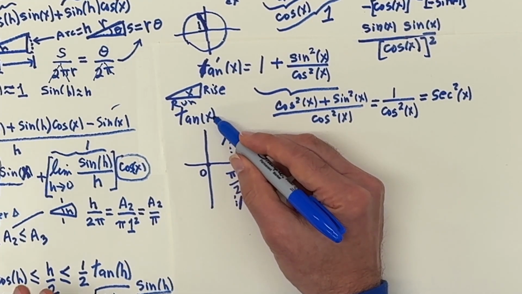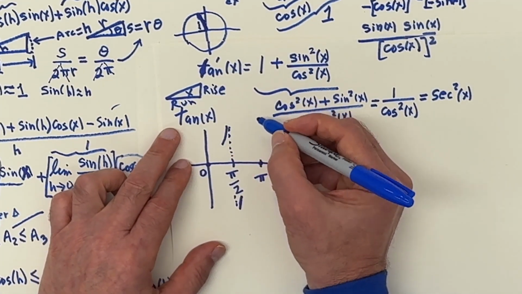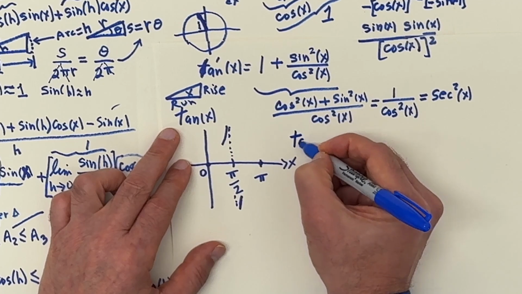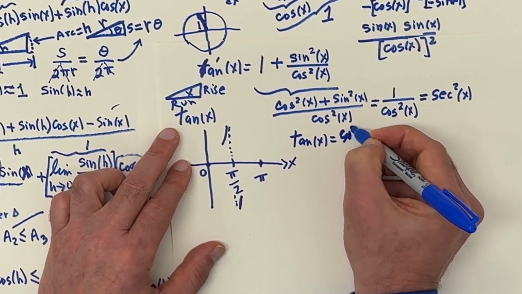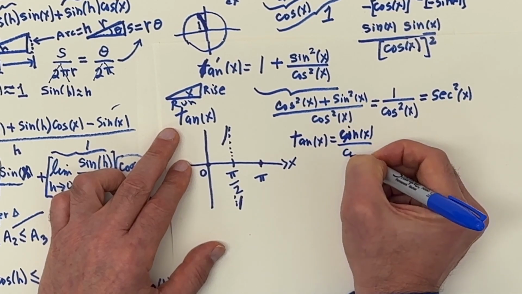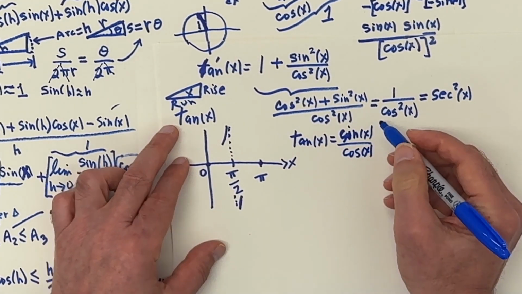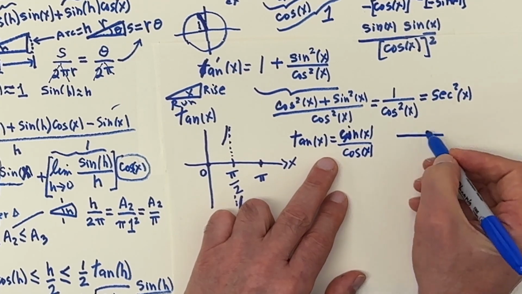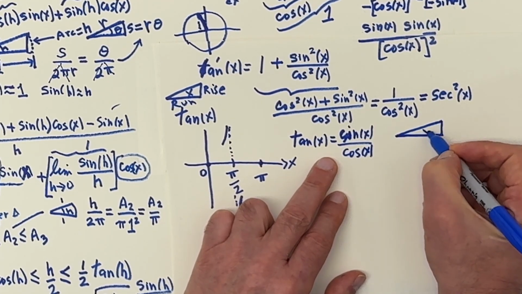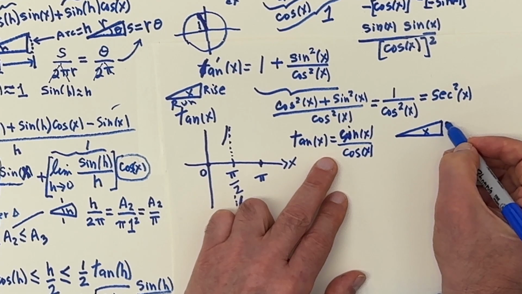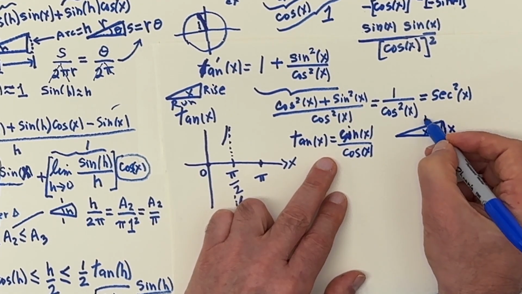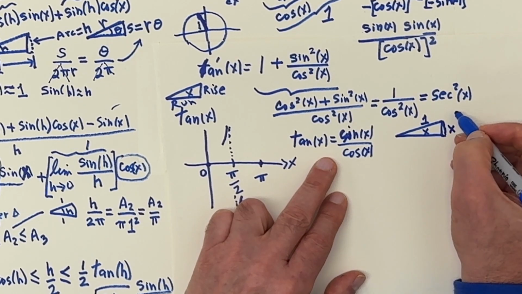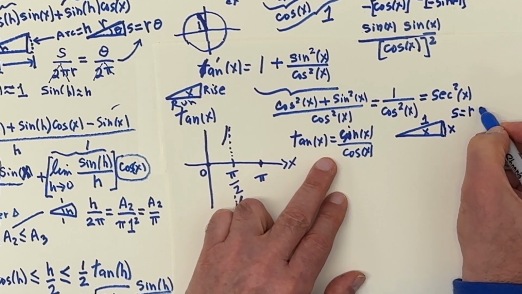If the x is small, then we know, since the tangent of x is the sine of x over the cosine of x, we have looked at this before in a previous chapter. We have a very, very small x that the arc here, which is x, since we have a 1 for the radius, and remember your arc length s is always equal to the radius times your angle theta.